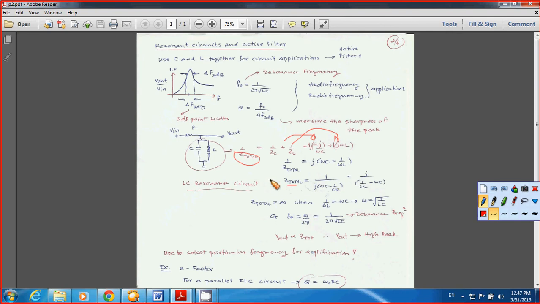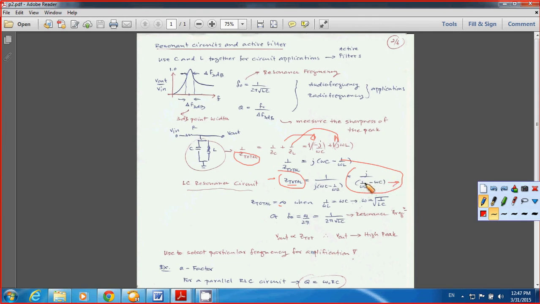For the case where your Z total becomes infinity, this means your V out is going to be infinity as well. This happens when? Because your Z total is equal to this equation here, it becomes infinity when your denominator becomes 0.